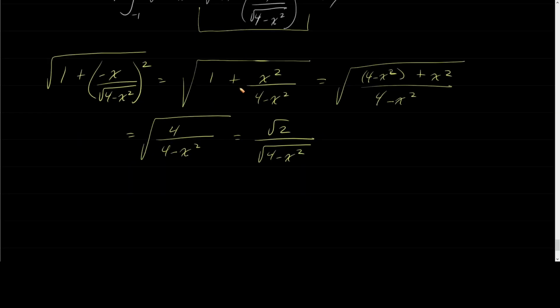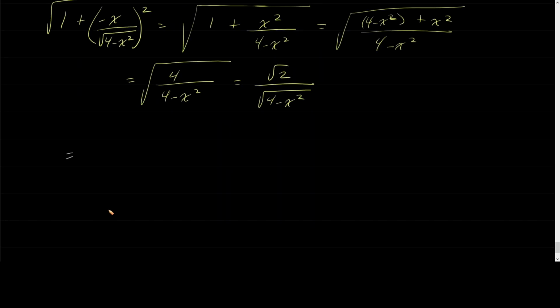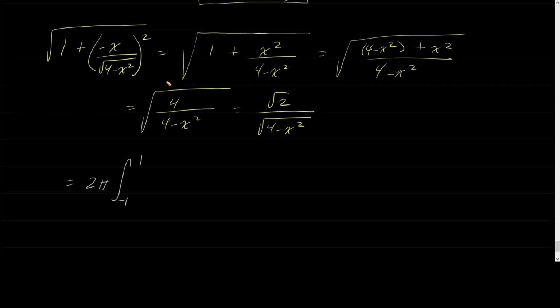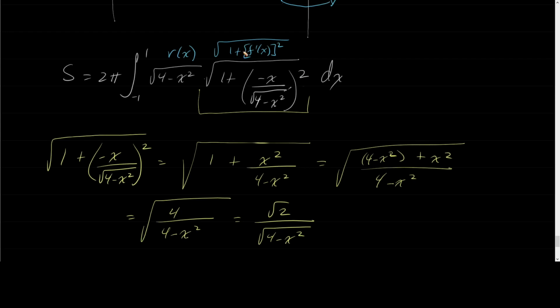So what we get now is that our integral is 2 pi integral from negative 1 to 1 of radical 4 minus x squared, times this entire thing.